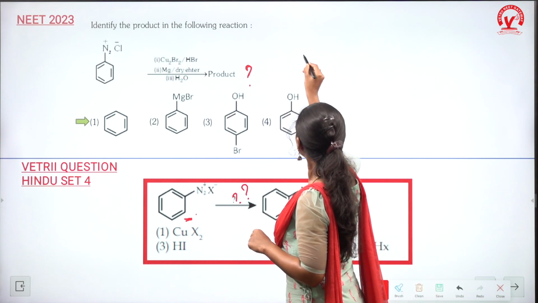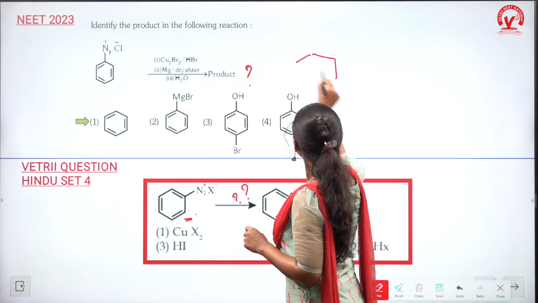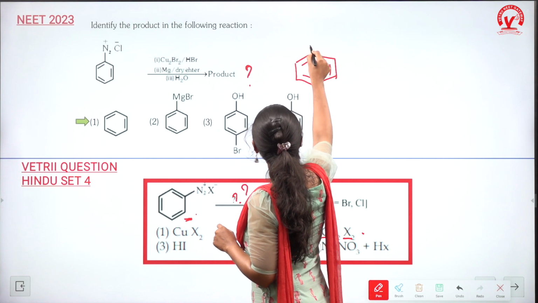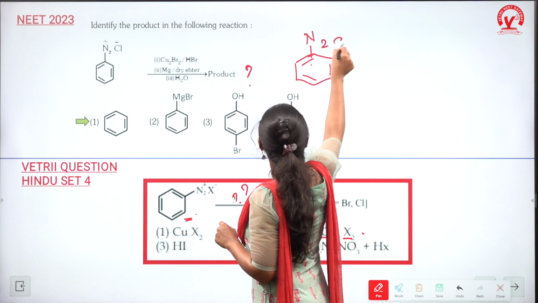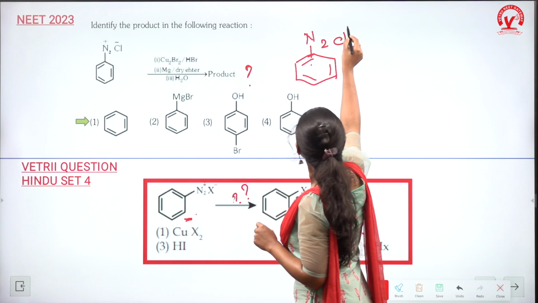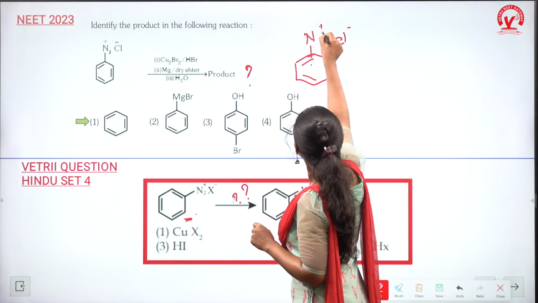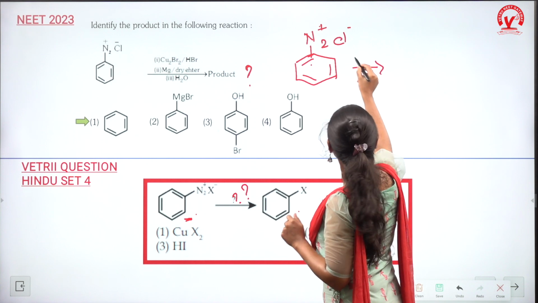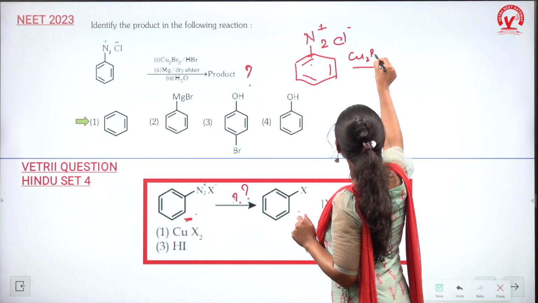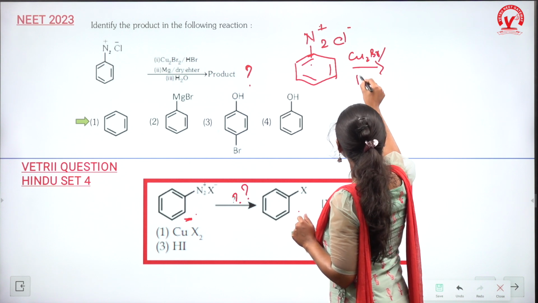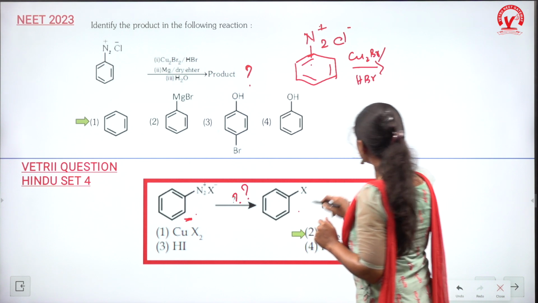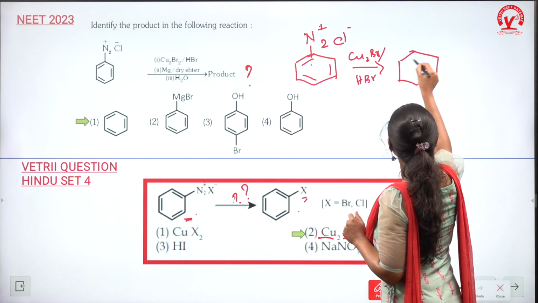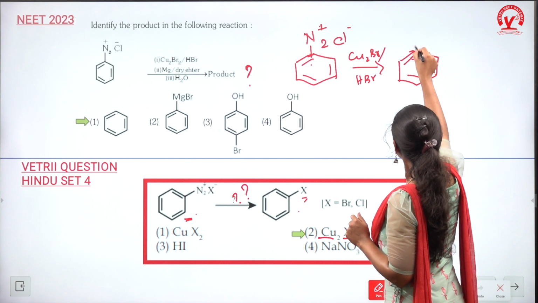So here, in the first step, the diazonium chloride, N2 plus Cl minus, is reacted with cuprous bromide, Cu2Br2, and HBr, which gives bromobenzene.